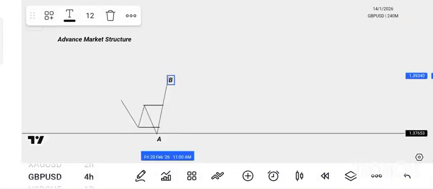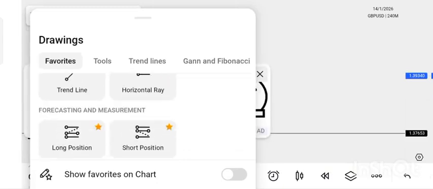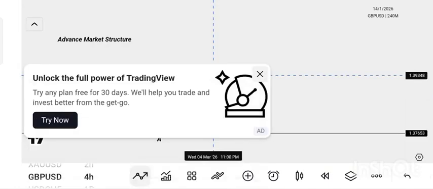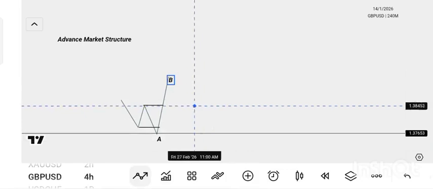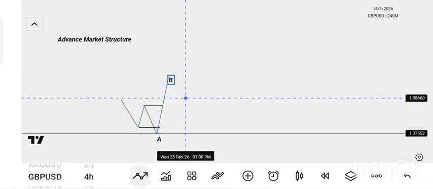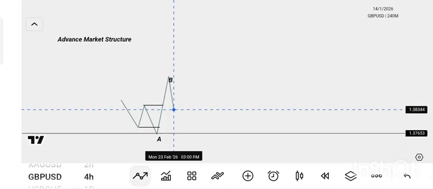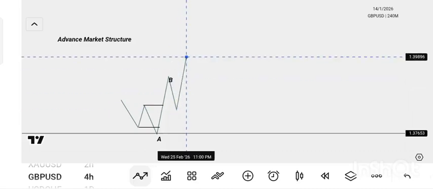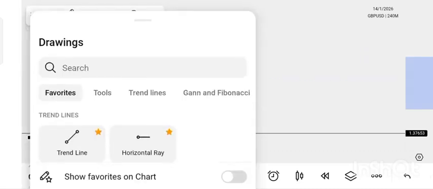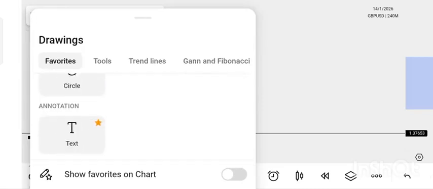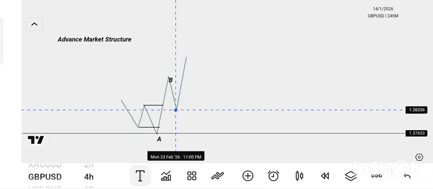And then price cannot just be going like that. After price takes out external, we expect price to at least reverse, and this particular low is our C point.